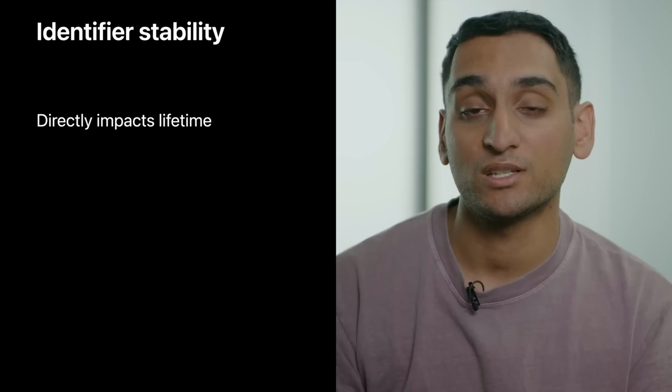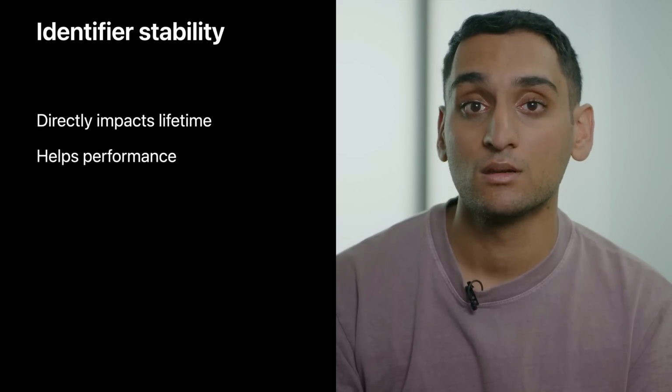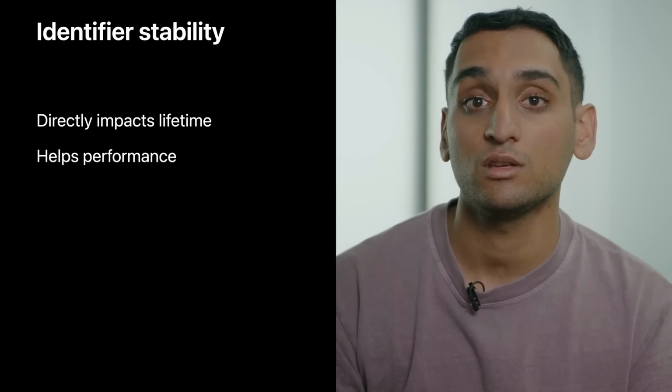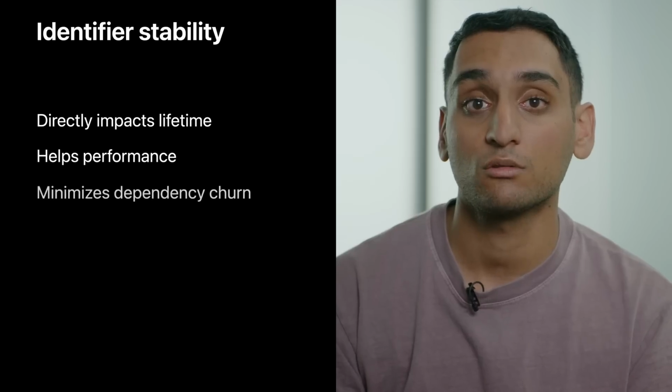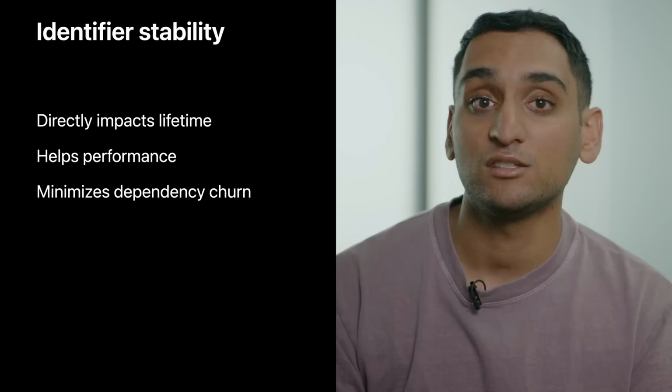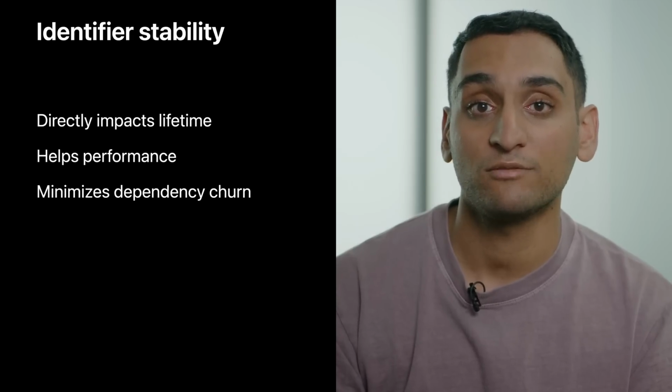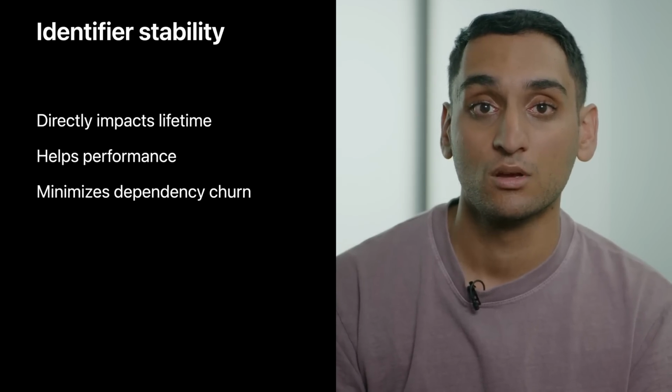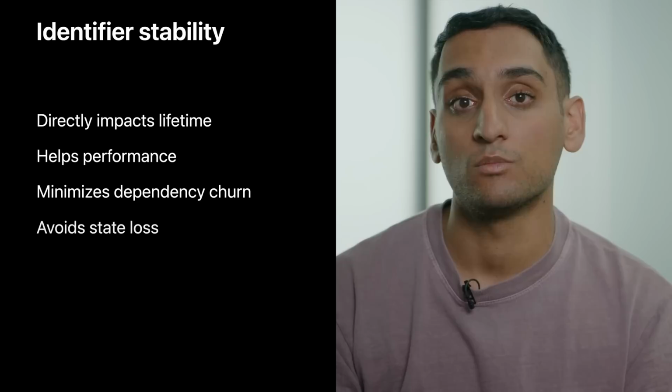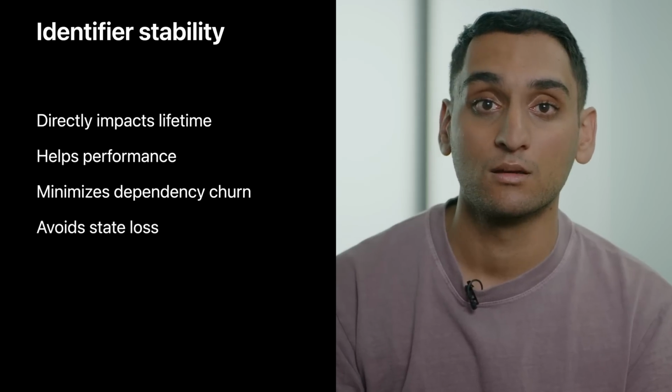And having a stable identifier also helps performance, since SwiftUI doesn't need to continually create storage for the view and churn through updating the graph. As you saw earlier, SwiftUI uses lifetime to manage persisted storage, so stable identifiers are also important for avoiding loss of state. Let's turn to a code example to explain the importance of identifier stability.